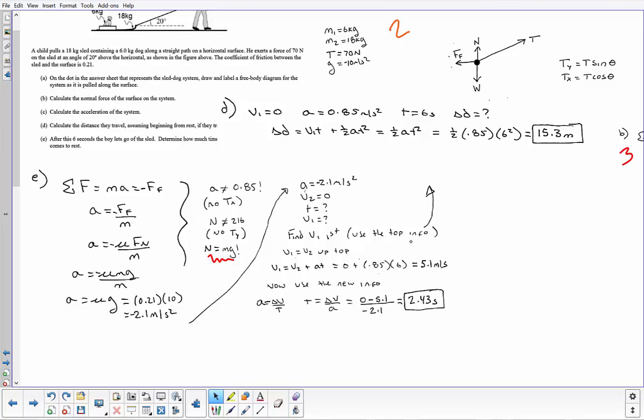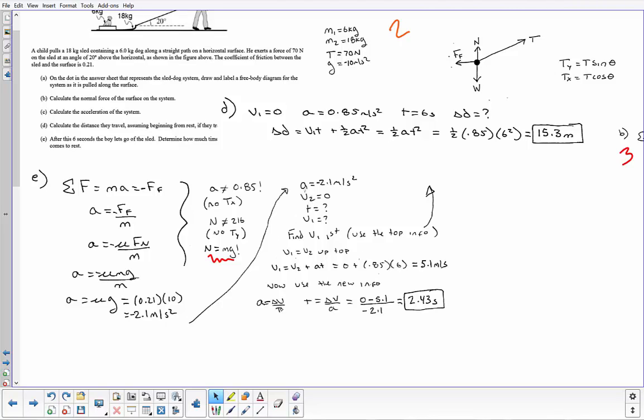So basically, that top info here, I'm showing that my initial velocity at the top is 0, plus this product right here, 0.85 times 6, shows at the end of the first 6 seconds, I'm traveling 5.1 meters per second. Now that is actually going to be used in the final tail end of part E here. Because remember, I'm looking for time.